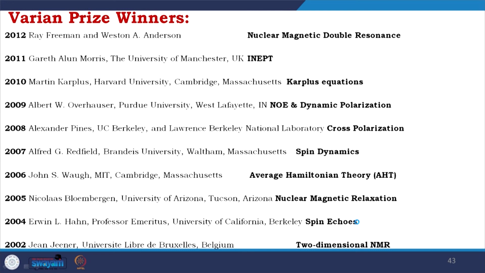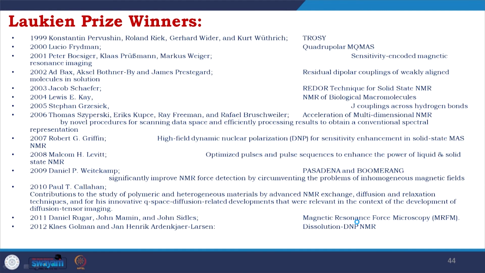Gareth Alan Morris, the University of Manchester, for INEPT. Ray Freeman in 2012 and Weston Anderson for nuclear magnetic double resonance. So, for the time constraint, there is a huge list. I am not going to the Laukien Prize winners, I am keeping it for you to take a look.